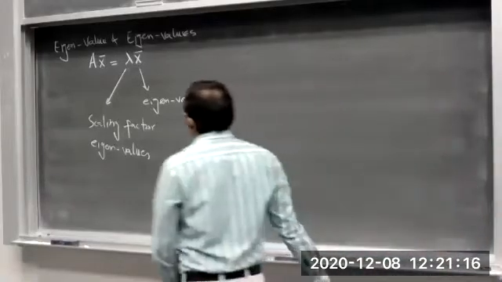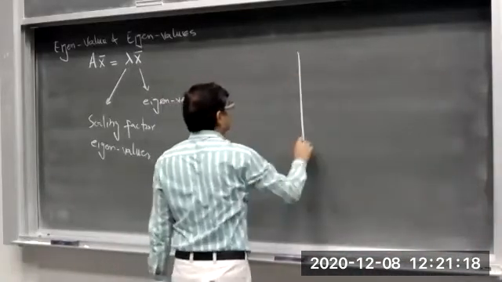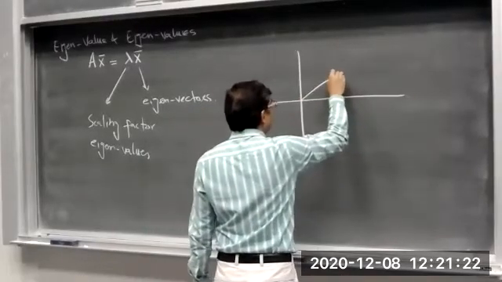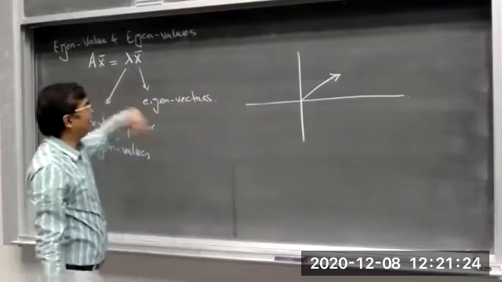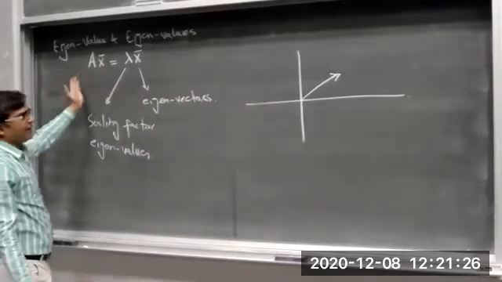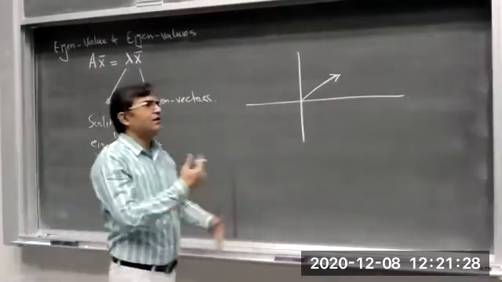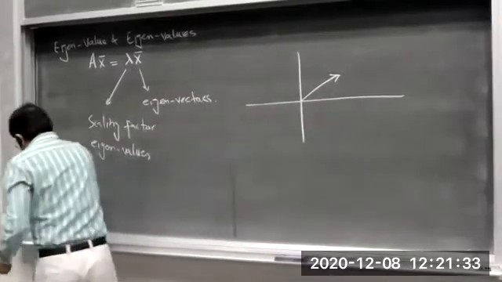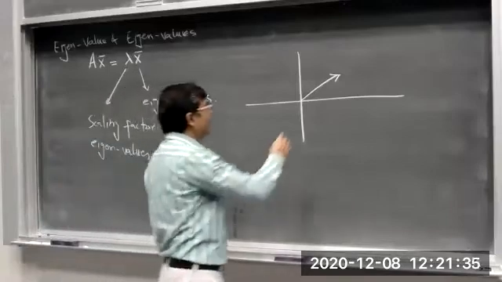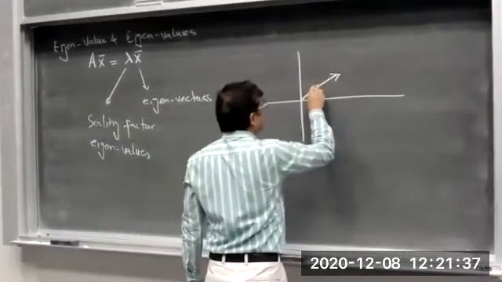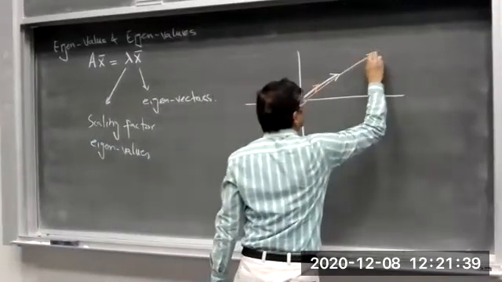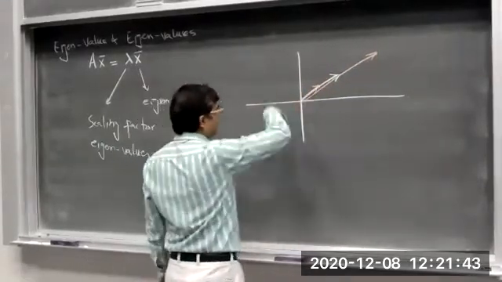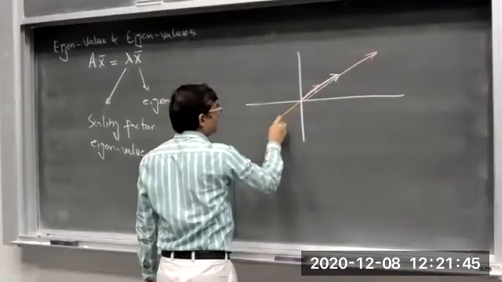Because geometrically, x is some vector, and if we multiply this vector with some transformation A, it is going to transform this vector into a new vector, but it will only be scaled. Either it will be contracted, or enlarged, or it can go towards the opposite direction.